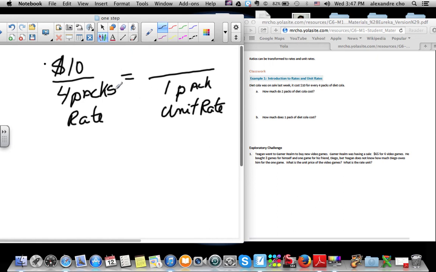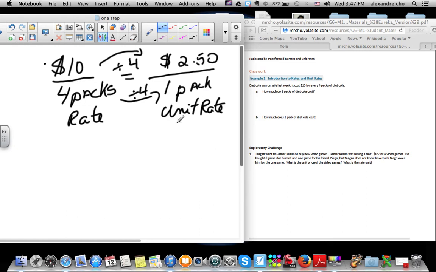So to go from rate to unit rate, this is your setup. And think about the relationship here. How do 4 packs become 1 pack? It's divided by 4, and I must apply the same on the top. So 10 divided by 4, and it's going to cost you $2.50 per pack.